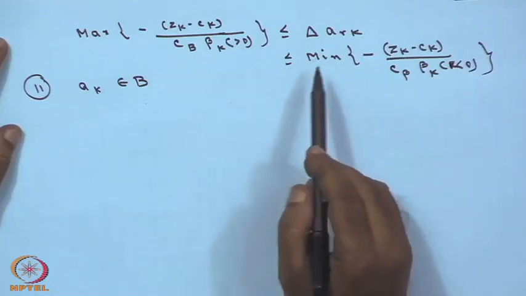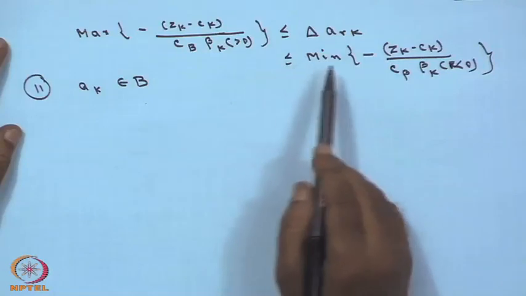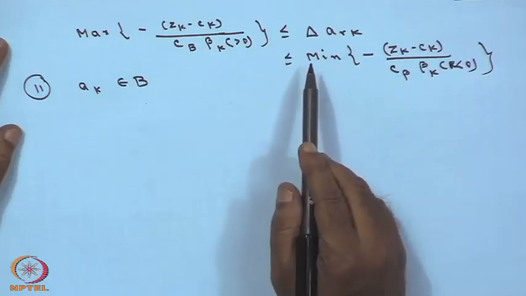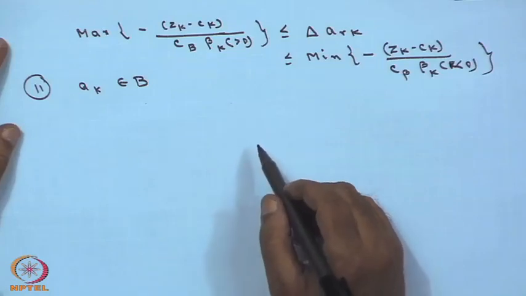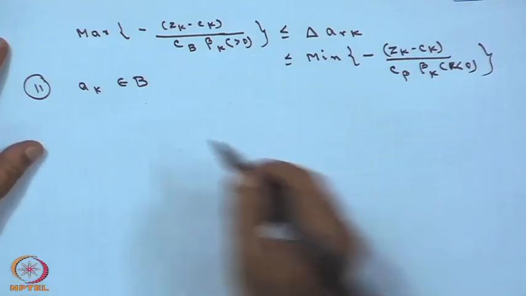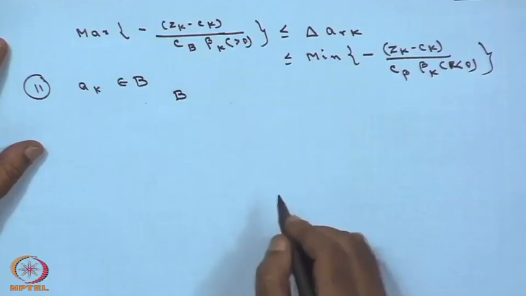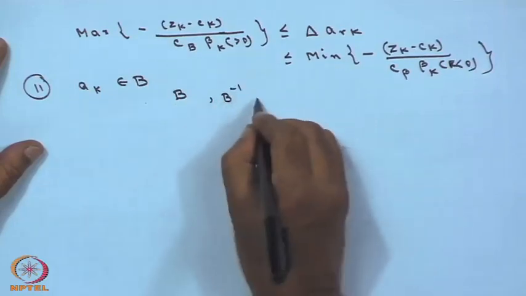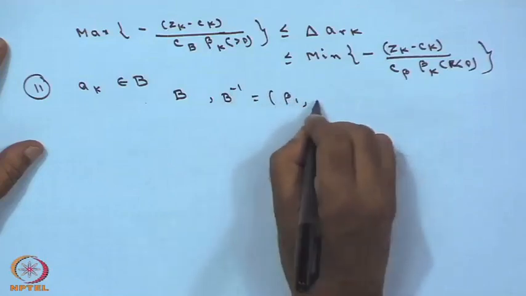If I know the range and the change lies inside it, I do not have to recalculate the problem, otherwise I have to reformulate and redo the entire job. Your B matrix has columns B_1, B_2, ..., B_m, as you have seen in the simplex method, and B inverse I am writing as beta_1, beta_2, ..., beta_m.